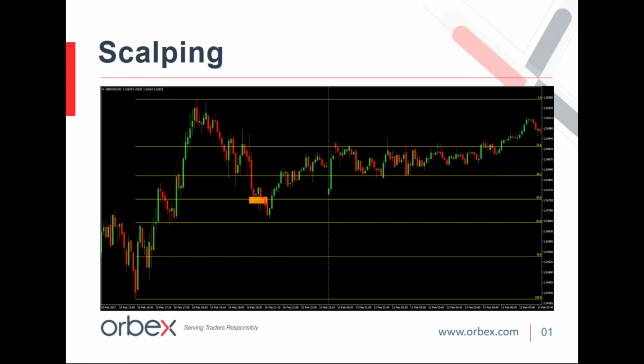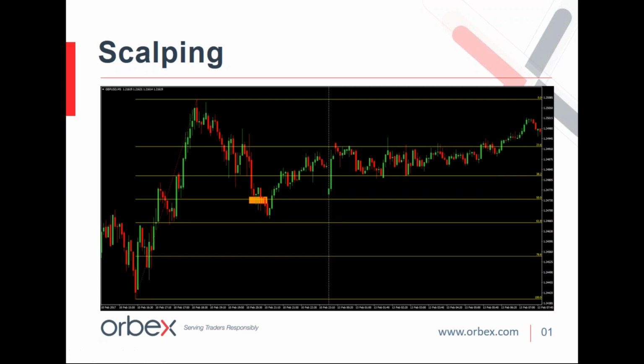And essentially with this method, what we're looking to do is buy the 50% retracement, okay? So we're looking to buy the 50% retracement as price tests it from the top side. So we've had our bullish move to the top side, price is corrected lower, we apply our Fibonacci tool, and as price retraces into that 50% retracement level, we're looking to buy.